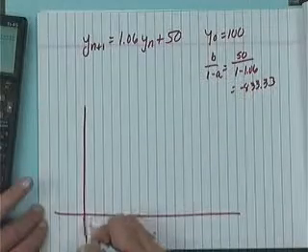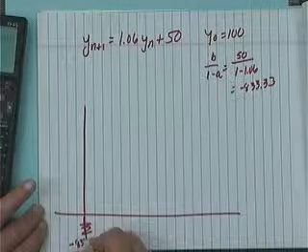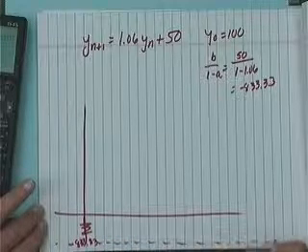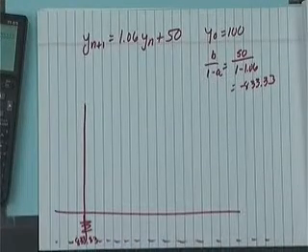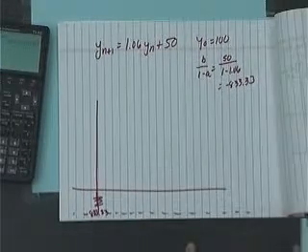All right, I got a big break in my graph here. Negative 833.33 is my dotted line across the bottom. Okay? So the first rule said find b over 1 minus a and put a little dotted line in it.